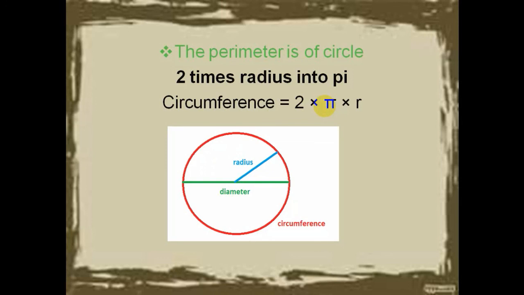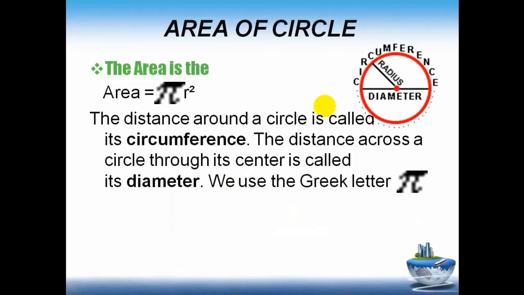Pi itself is an irrational number, but 22 over 7 is the rational approximate value. So in the circumference, dear students, put the value of pi as 22 over 7, but note that pi itself is an irrational number and 22 over 7 is a rational number. So this is the perimeter of the circle. Now to find the area of the circle: for the area of the circle, pi r square.